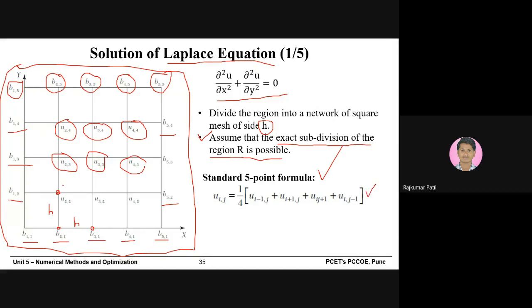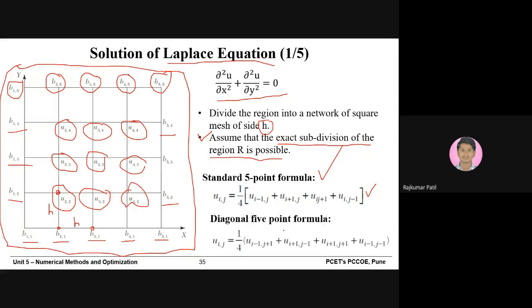In order to calculate the intermediate data points, we can use the standard 5-point formula, or sometimes the diagonal 5-point formula that you can see here. One important point I am going to mention is to prefer the standard 5-point formula.